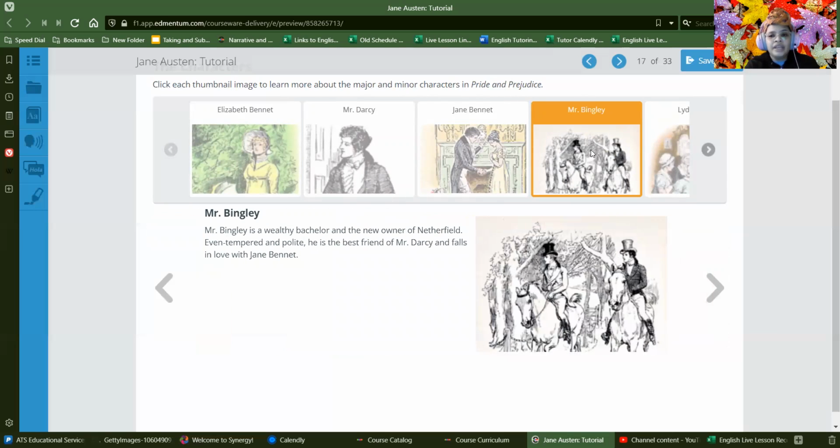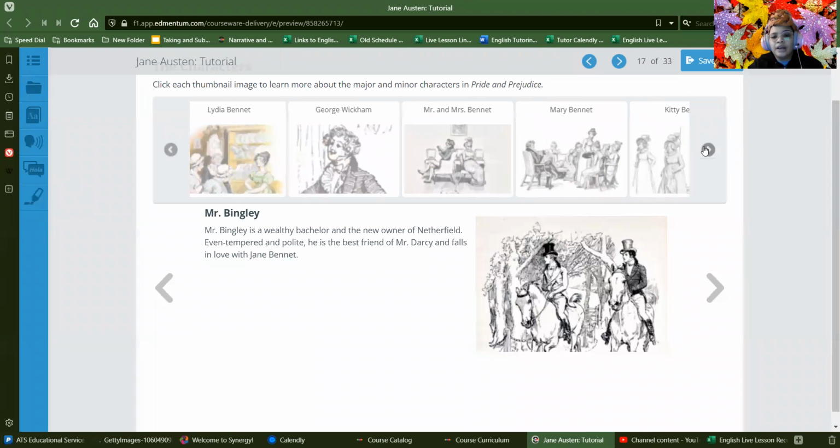You can pretty much relate everyone in this story to either Elizabeth, Mr. Darcy, or the Bingleys. You have Elizabeth's family and her best friend. You have Mr. Darcy and his best friend, Mr. Bingley. That's how they're related. And then Mr. Bingley's sisters are related as well. And then there's a couple people who are stragglers.